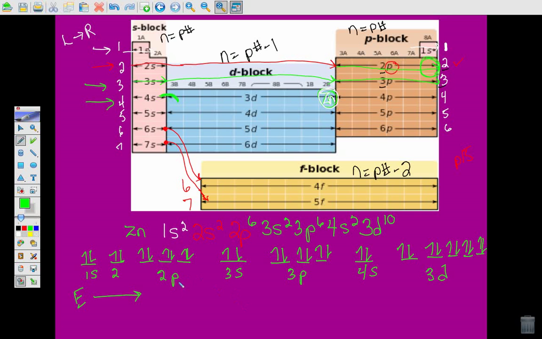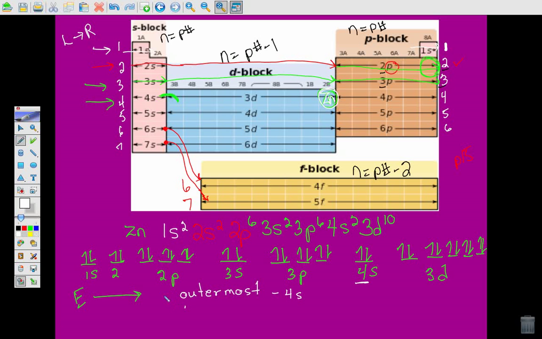Now, a couple of things to notice about this that we want you to be able to identify. The first is, what are our outermost electrons? So our outermost electrons are our 4s, because you go to the highest n value for distance. Now let me give you this.